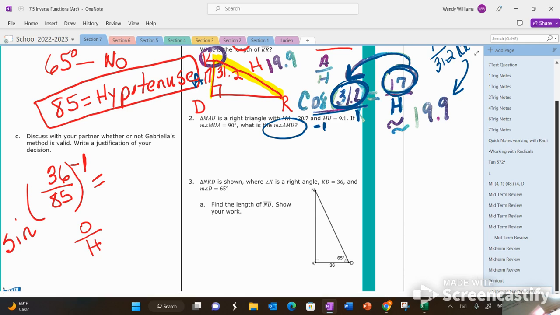And they want the measure of angle M. The measure of angle M is what?